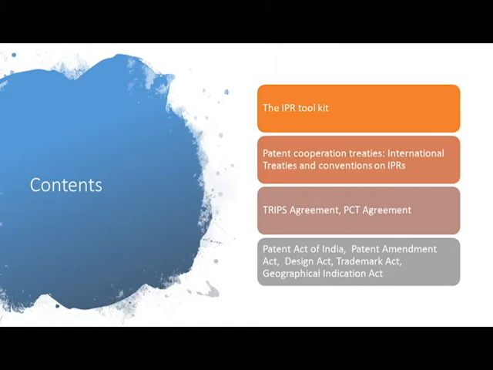The IPR toolkit is a sum and summary of all the acts which are being used for witnessing the enforcement of the acts. So IPR toolkits are the gathered information about how IPR acts are being implemented by the authorities of a country.